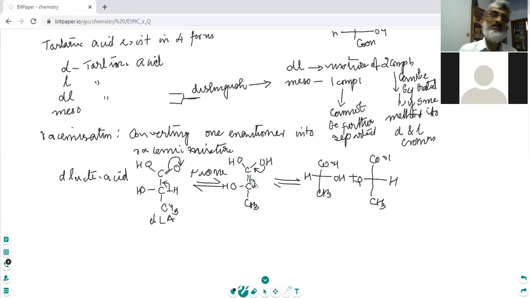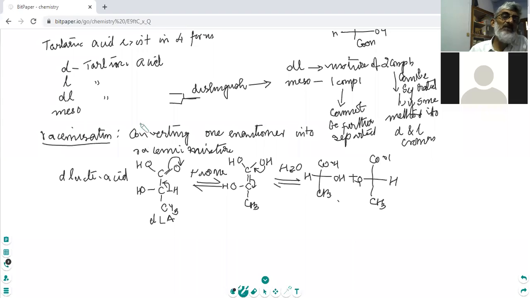And once it forms, when you are adding the water into this, it will regain the proton and will form the racemic mixture. So this is one enantiomer. One enantiomer is converted into an equal mixture of both enantiomers. This process is known as racemization.